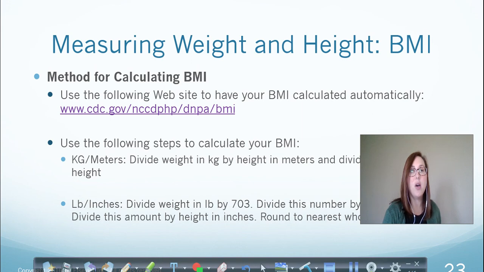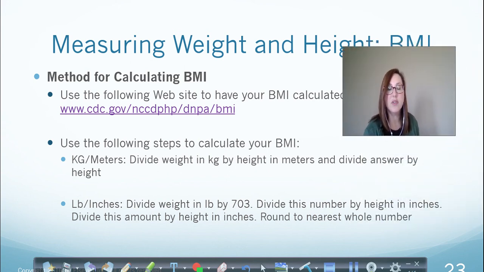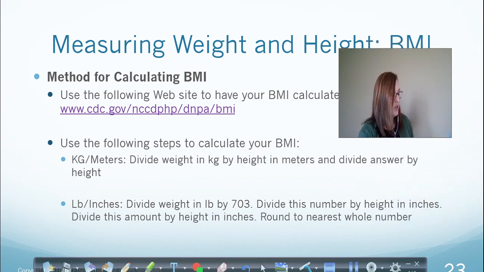So when we talk about measuring weight and height and calculating that BMI, there's a website where you can calculate it. There's also some steps to follow. So I'm going to give you this example because this is a little bit hard to understand. So if a patient weighs 135 pounds, you would multiply that 135 by 703.